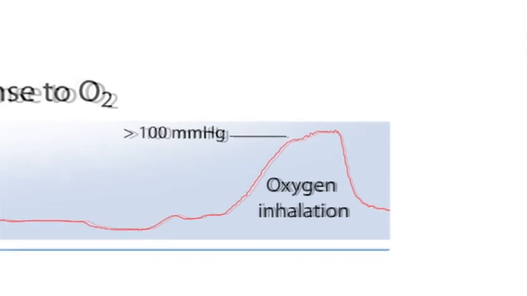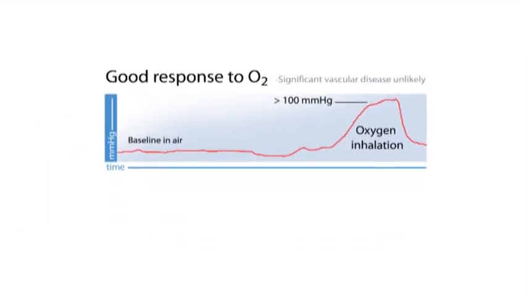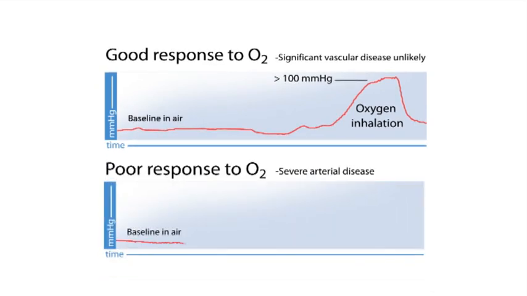Such a response to breathing oxygen indicates that significant macrovascular disease is not likely. An increase in tcpO2 when breathing normobaric oxygen that is less than 30 millimeters of mercury is consistent with severe arterial disease. These patients should undergo further vascular assessment if it has not already been performed.